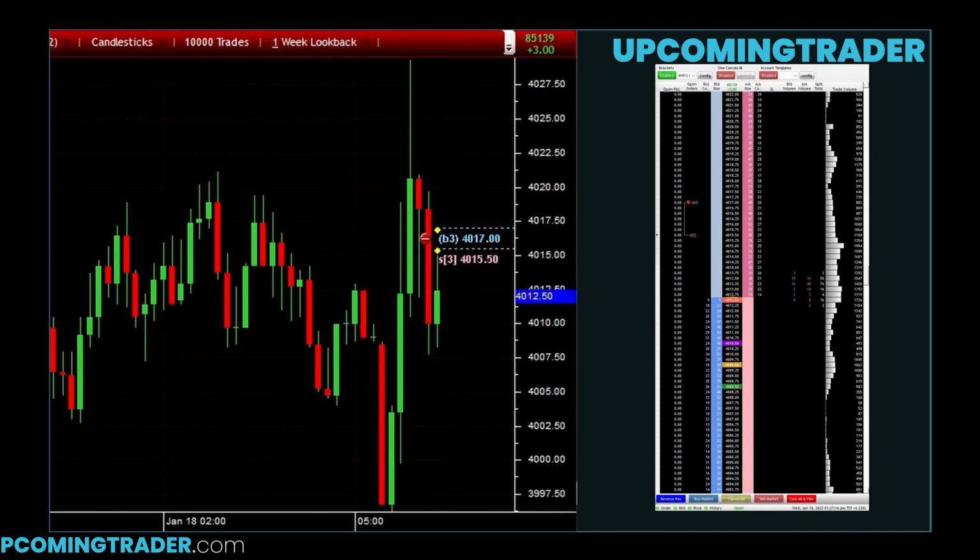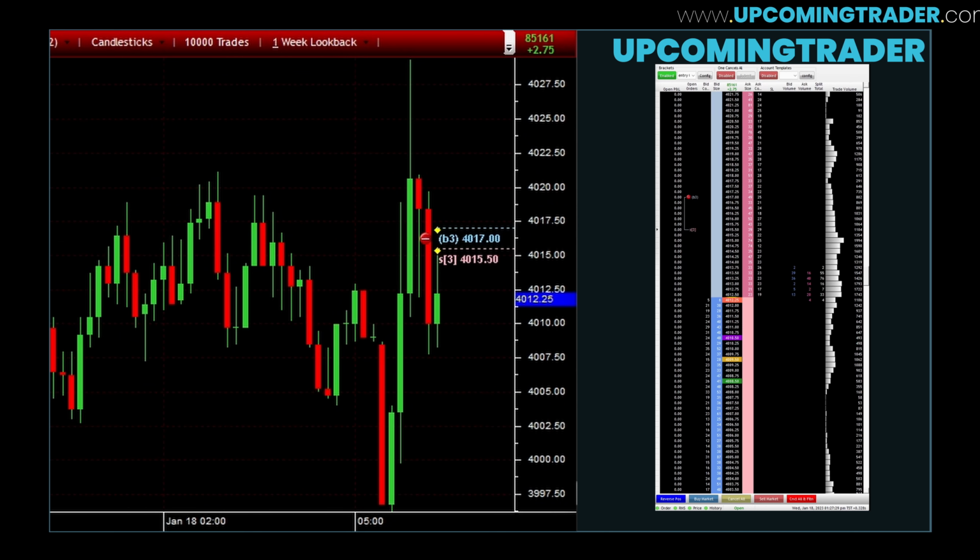On the other hand, a double bottom is a bullish reversal pattern that forms when the price hits a support level twice without breaking it, signaling a potential upward move. This is even stronger when it occurs around a high volume node, indicating significant buying interest.